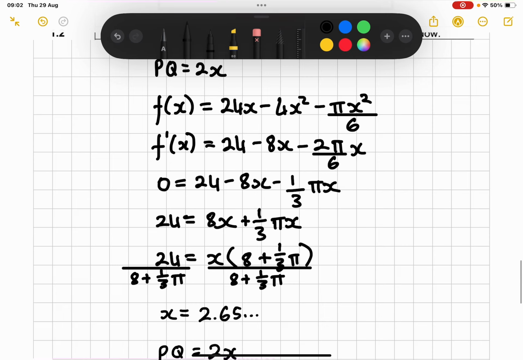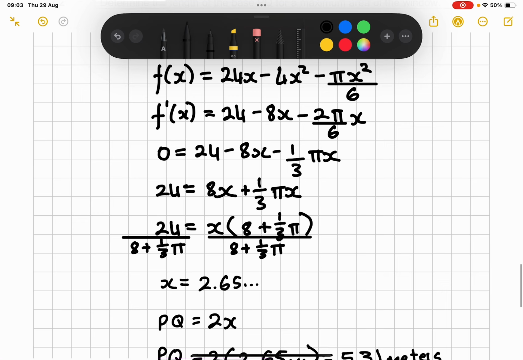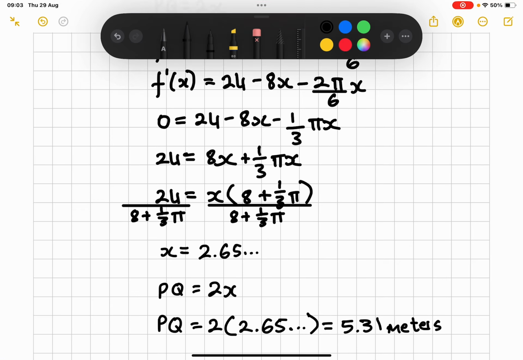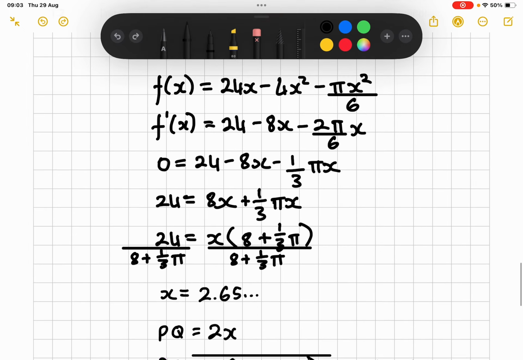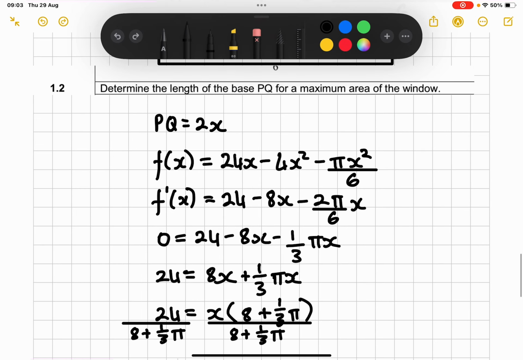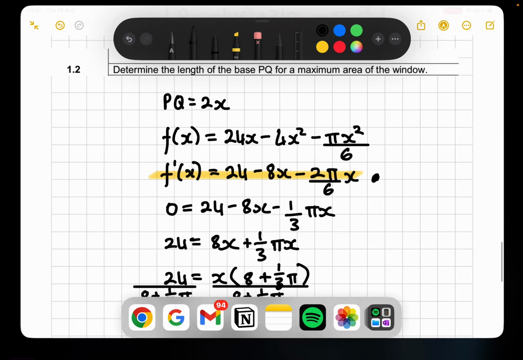Okay, so what you'll notice, and this isn't a very clean-cut example, is that in terms of x, this, technically speaking, would be your gradient. This 8 plus 1 over 3 pi. So that would technically be your gradient of this line, which is linear. You guys can see that that's obviously a linear thing.